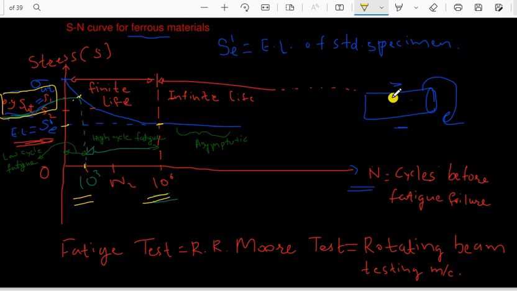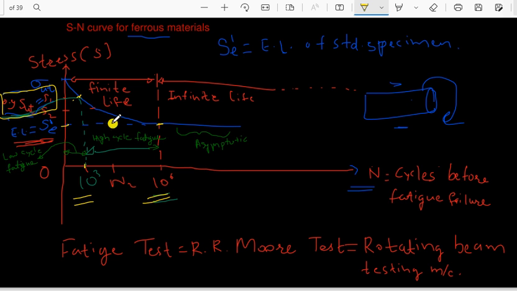Let us say this is that beam, and this beam is rotated under this particular stress value up to 10 to the power 6 cycles, and once it is found that it is not failing, we define this as the endurance limit of this particular component, whatever may be the shape and size, for the same material.